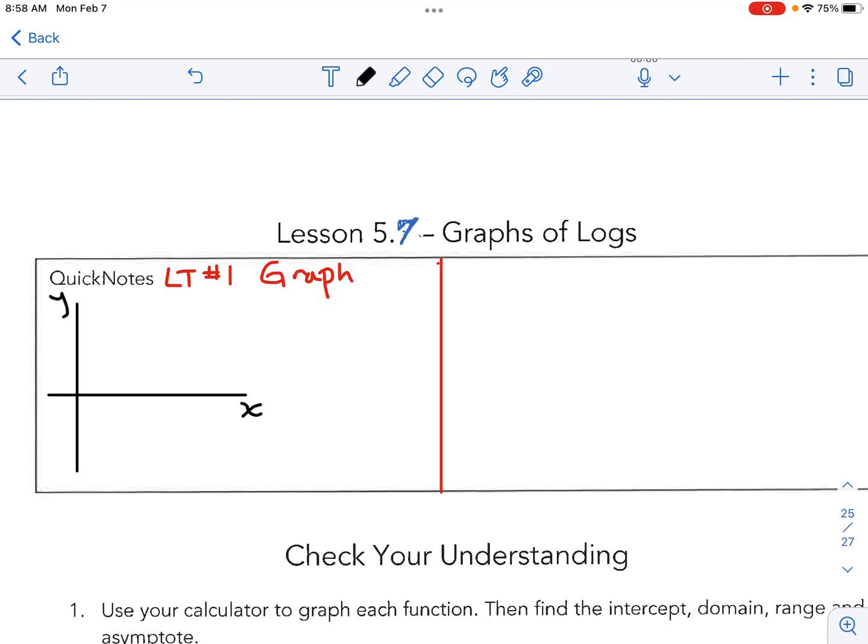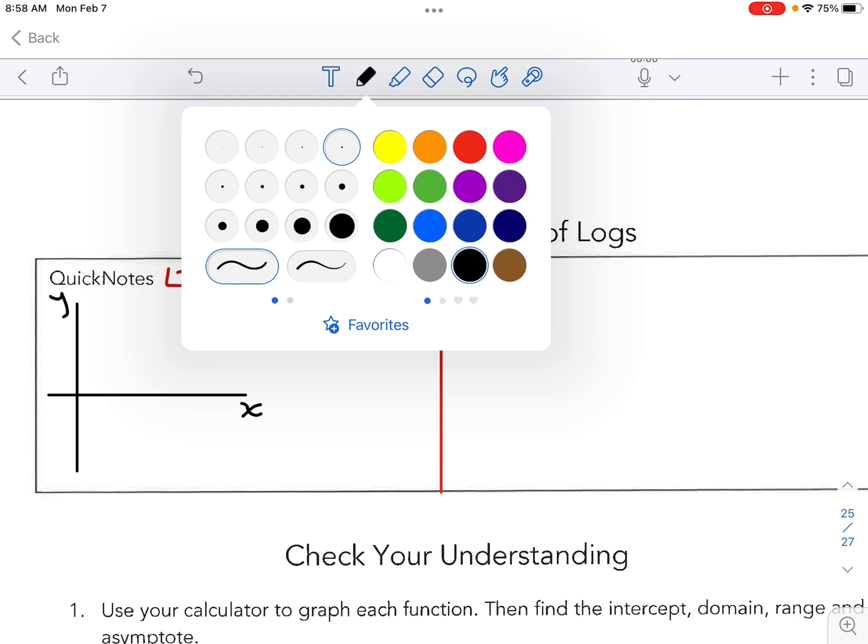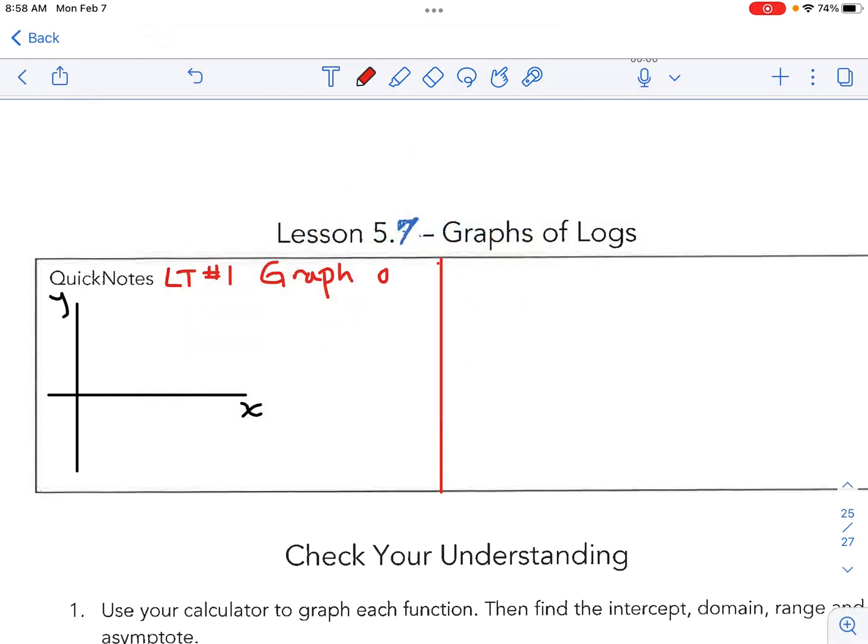So in general, just to get that distinctive shape, we have our coordinate axes. This is our x, this is our y. Let's talk about the graph of the parent function.